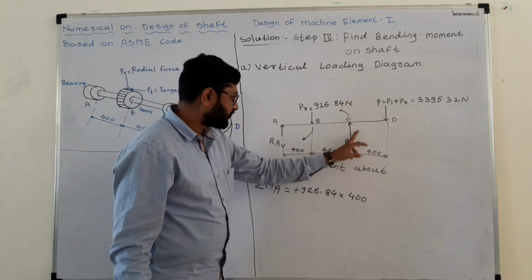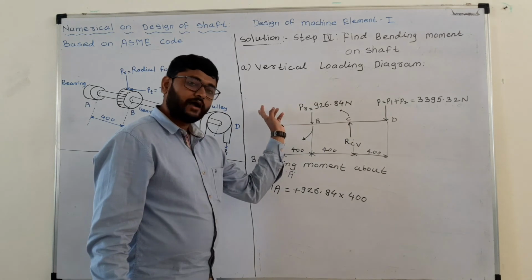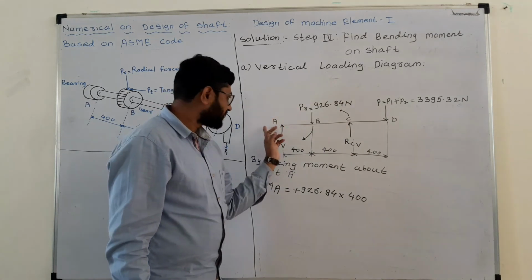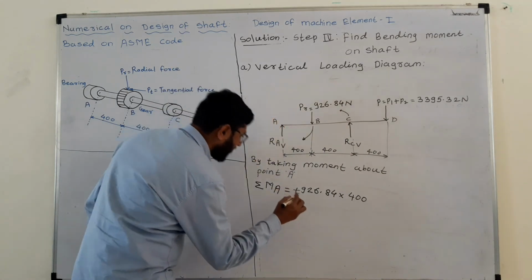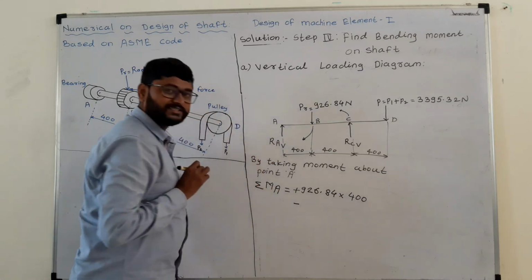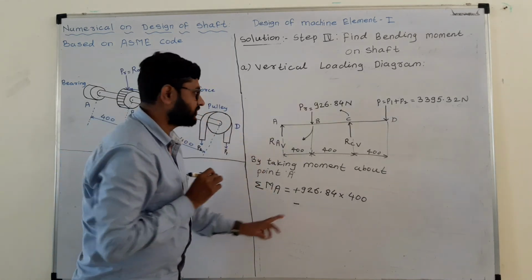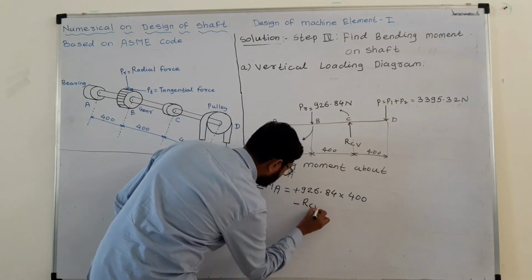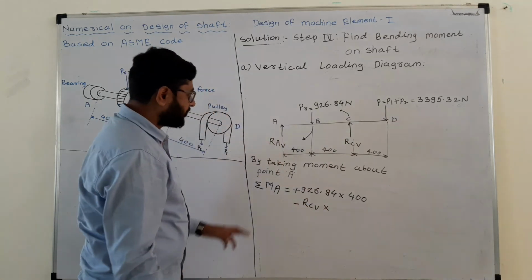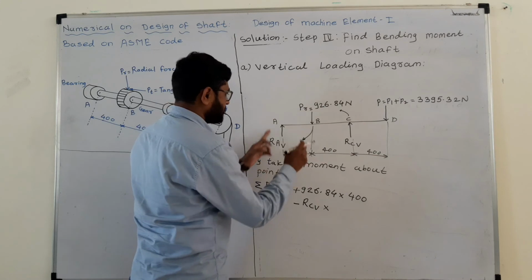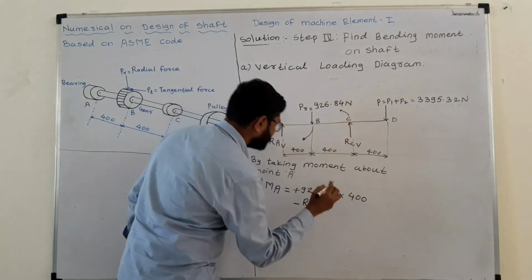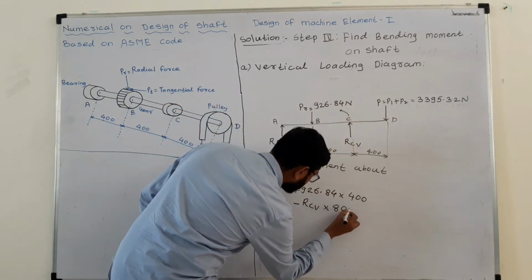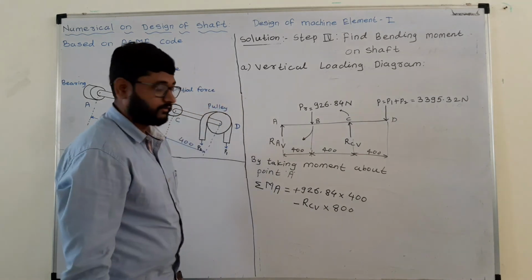This RCB force is acting anti-clockwise towards point A. That's why here consider the sign as minus, means minus RCB into perpendicular distance between point A and C, which is 800.